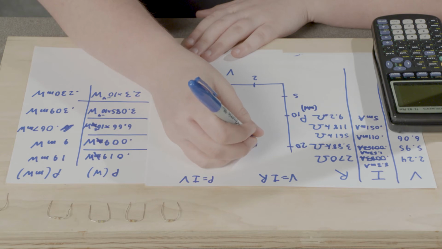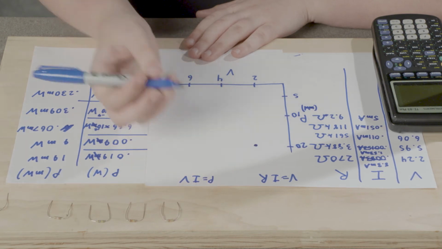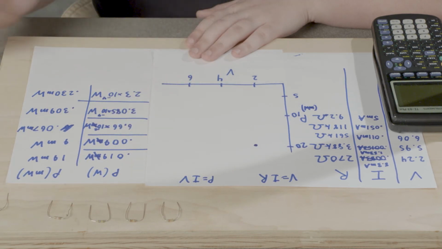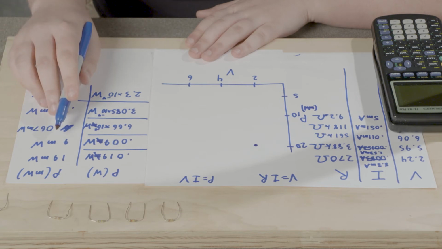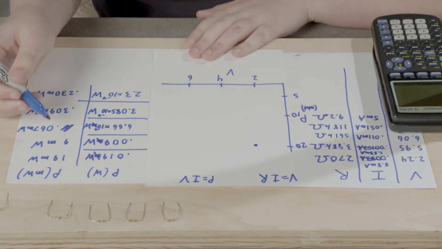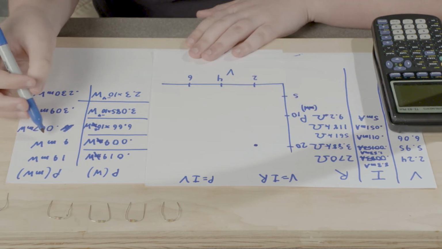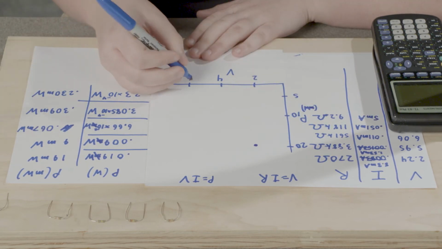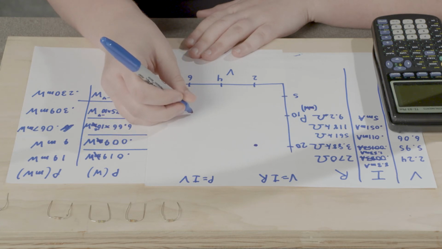So it'd be right around here, roughly. Then we have the 3.88 kilo ohm resistor with a voltage of 5.95. We get 9 milliwatts. So we'll go to here, it's almost at 6, and we go to around here.